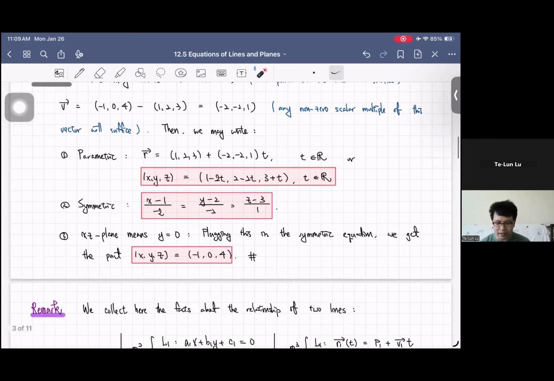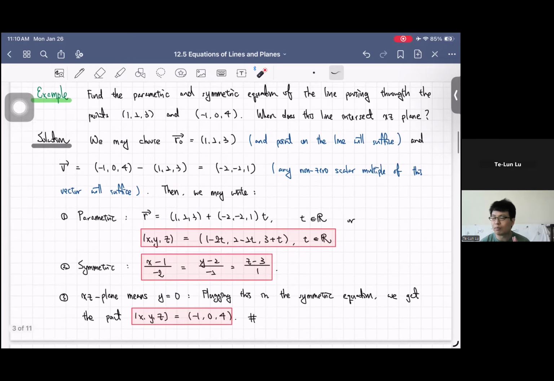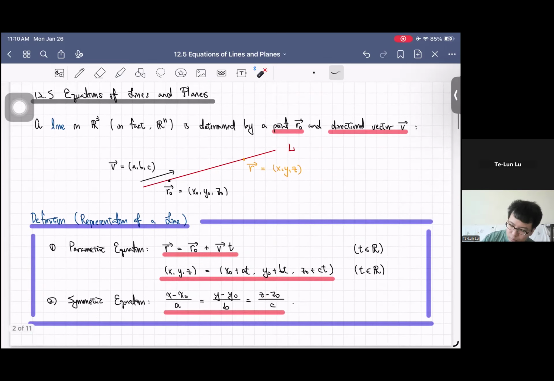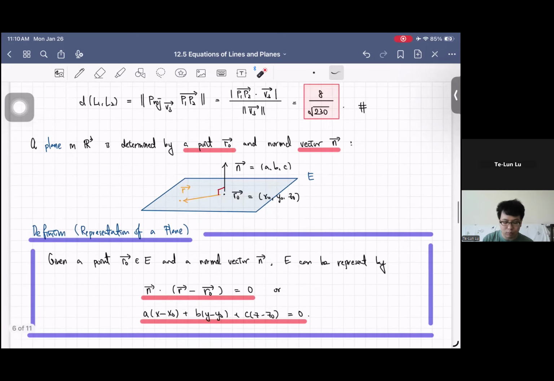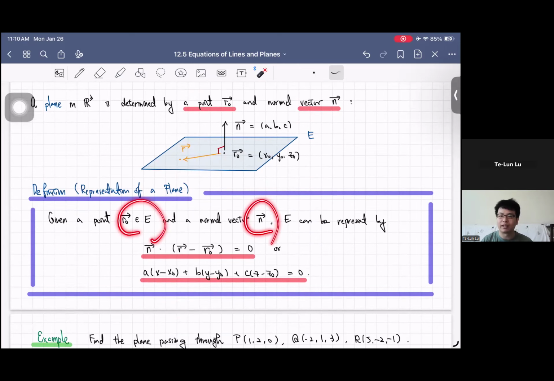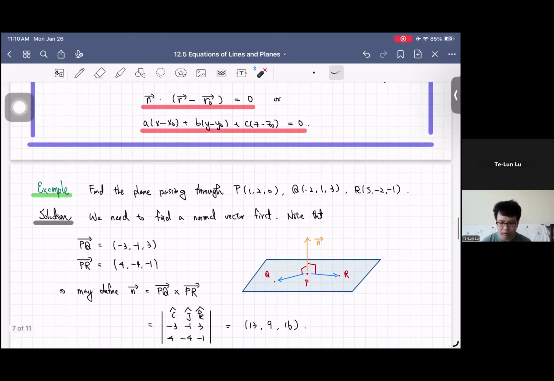So bottom line, to find out any information about a line, you have to find the initial point and the directional vector. To find out any information about a plane, you have to find the initial point and also a normal vector. There are obviously different types of problems interlacing lines and planes, which I have presented here.